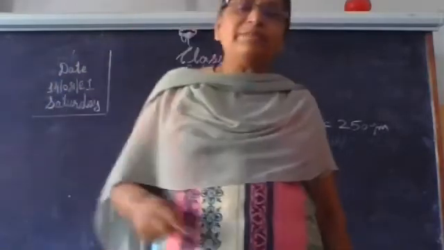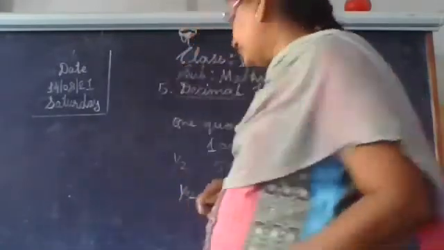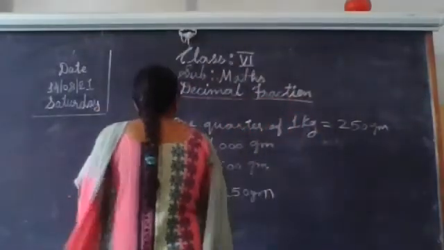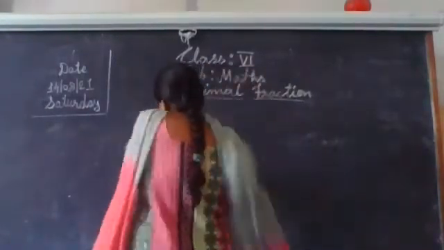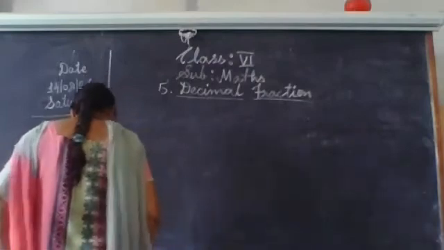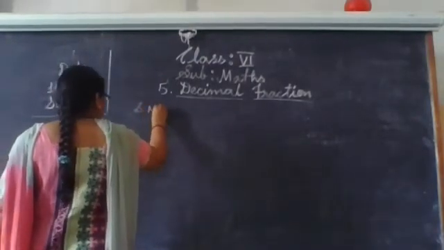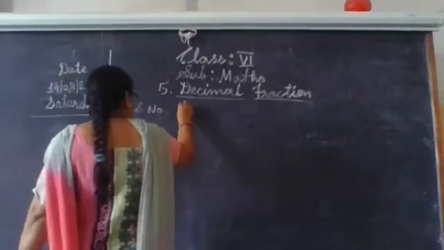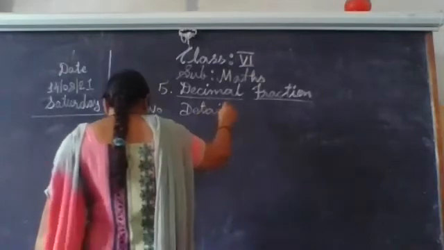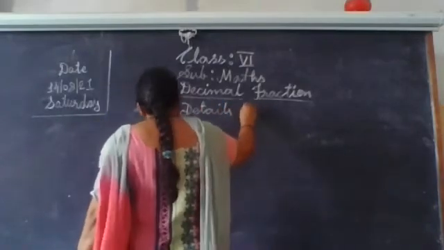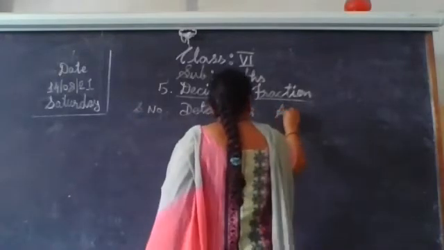Okay, so for that beta, first we will prepare a bill. So here serial number, details, and one common quantity and amount.